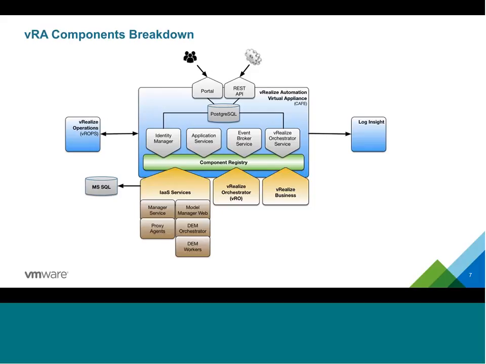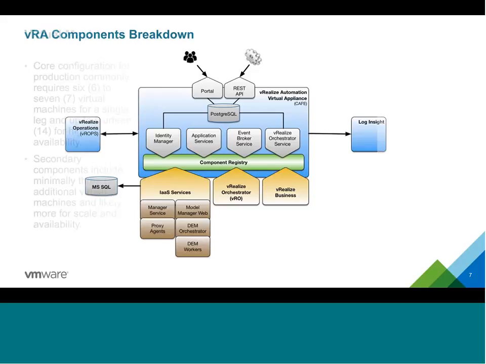And from the communication perspective, as an end user, you can either communicate with VRA through the portal that it provides or directly through REST APIs. Any client which understands REST APIs can interact with the entire solution through REST APIs as well.